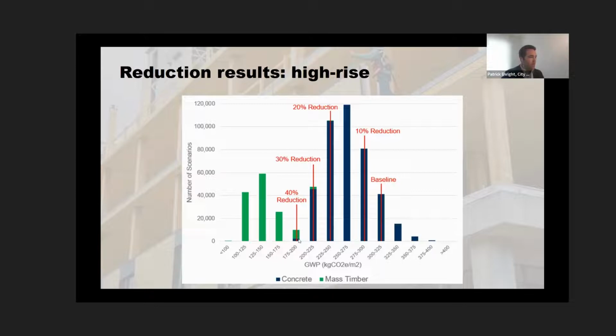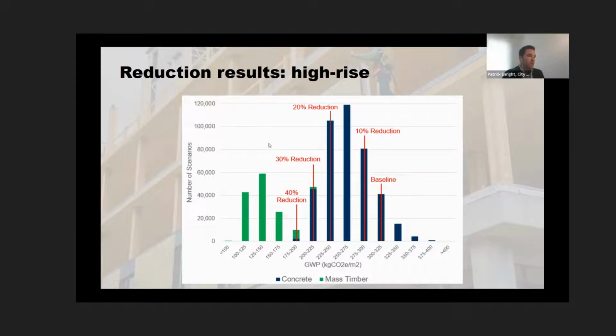We didn't cost mass timber, because there are other whole studies dedicated to the costing of mass timber, and the cost is quite fluid in the recent construction economy. But we understand there are potentially significant reductions from mass timber, depending on whether you can build entirely out of mass timber or hybrid.